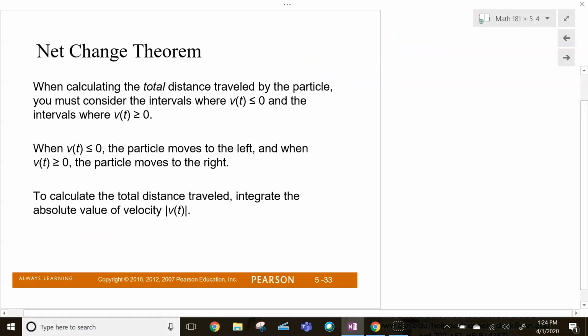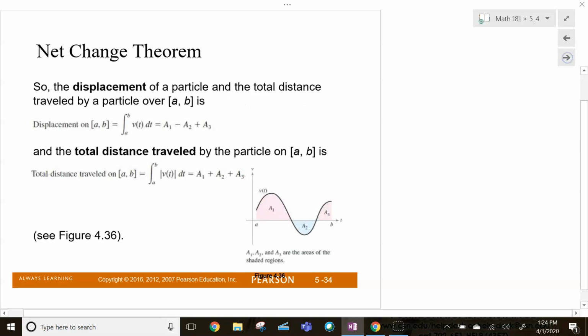If you've got this particle that's moving left and right, let's look at a graph here for just a second. The integral of the velocity, again, is your position. Here's the velocity function graphed, and let's say we're going from time 1 second to, I don't know, 5 seconds.